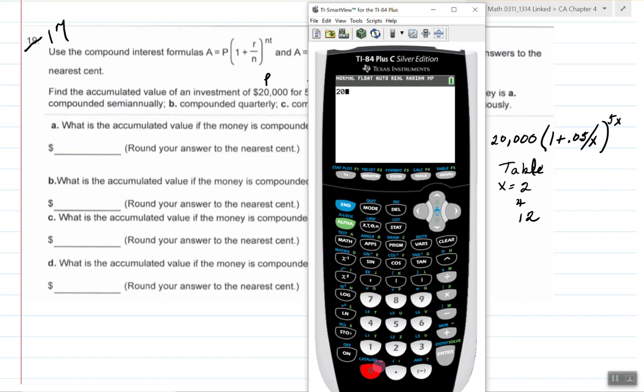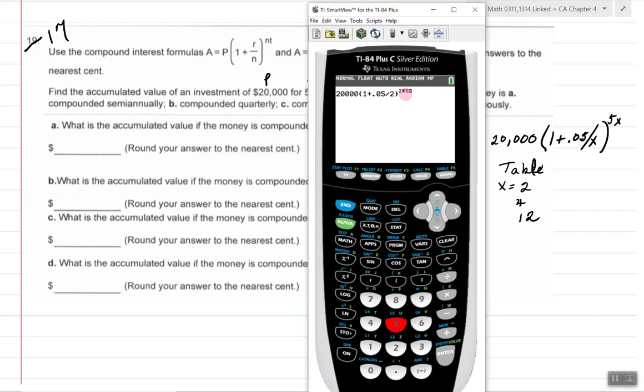So 20,000, open parentheses, 1 plus 0.05 divided by, the first time it's 2, close, raised to, the 2 times 5, NT.